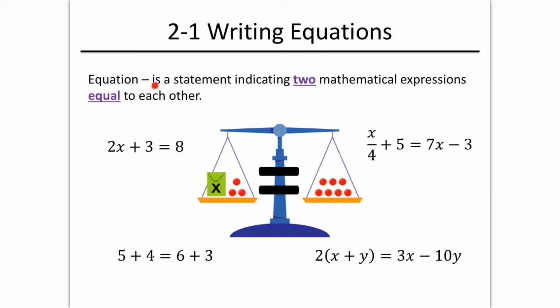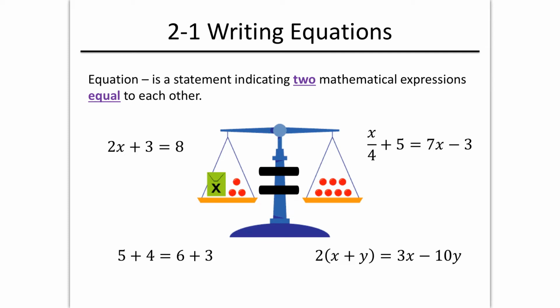So an equation is a statement indicating that two mathematical expressions are equal to each other. I have a picture here, and you guys have seen those balance scales around, but the idea of an equation is just like a balance scale.